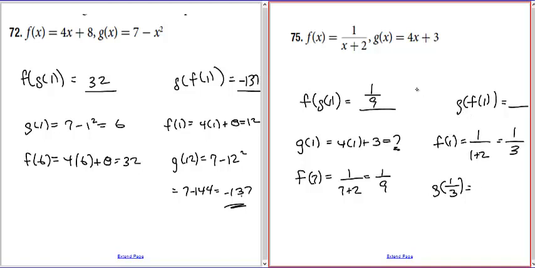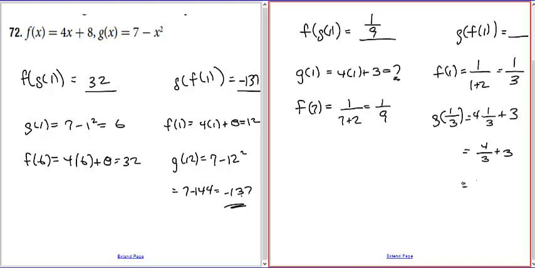So then you would plug 1/3 into here, so you have 4 times 1/3 plus 3. So that's 4/3 plus 3, which is 4/3 plus 9/3, which is 13/3. So that's the answer here, 13/3.